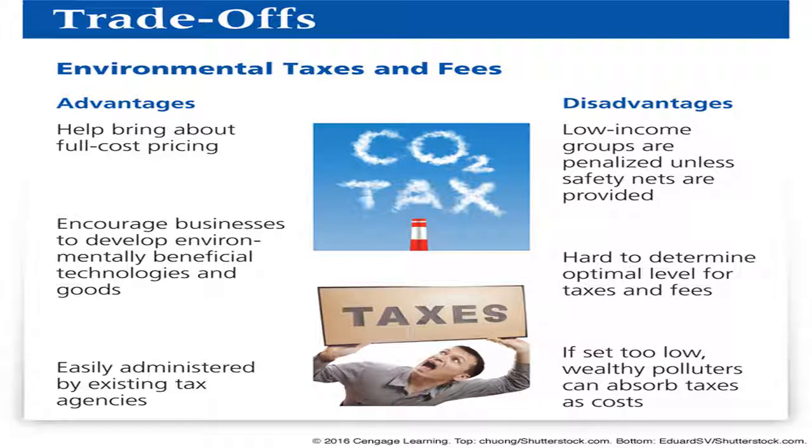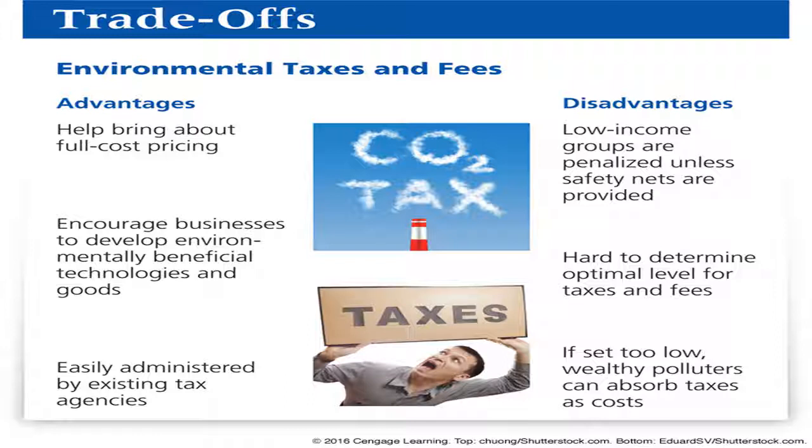So this is a diagram depicting the advantages and the disadvantages of environmental taxes. One advantage is it helps bring about the concept of full cost pricing. It encourages businesses to develop environmentally friendly technologies as well as incorporate those technologies in the production of their goods. It's an easily administered tax by the tax agencies.